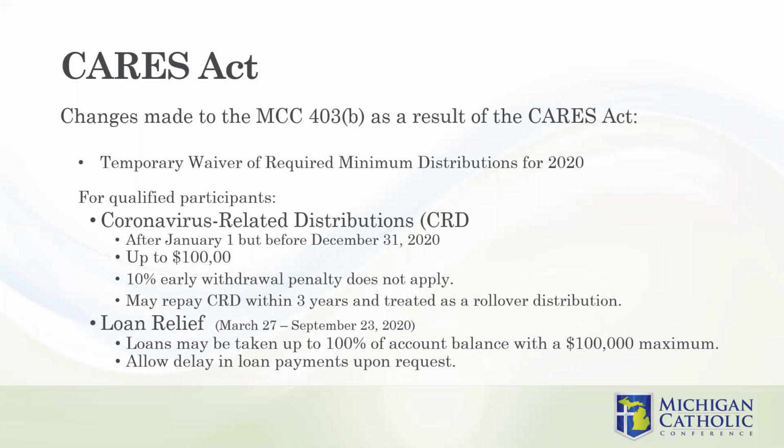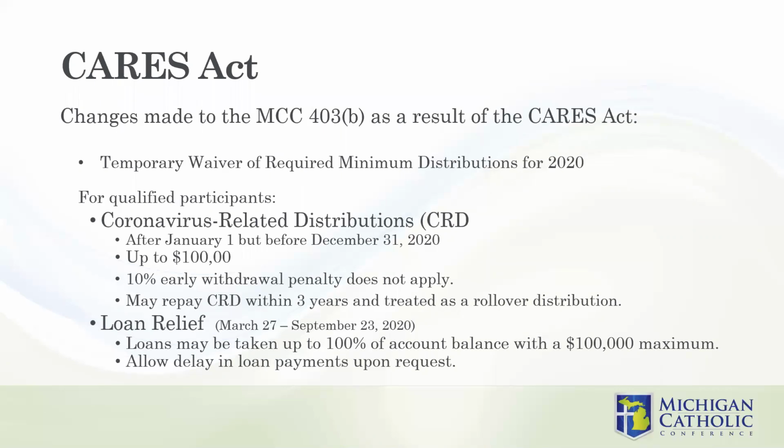And then there are some distributions and loans that are loan relief that are being allowed for qualified participants. So there's a coronavirus related distribution, CRD, which is in effect for distributions after January 1, but before December 31 of 2020, for distributions up to $100,000.